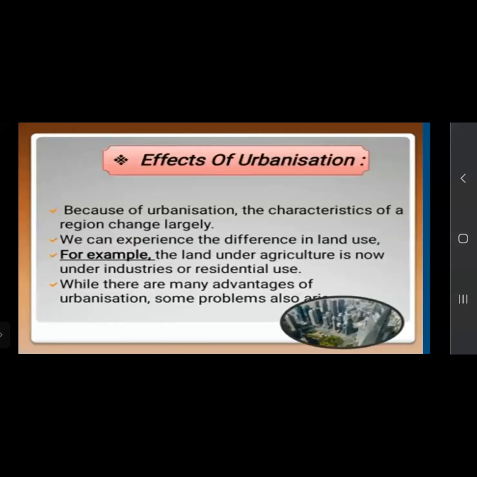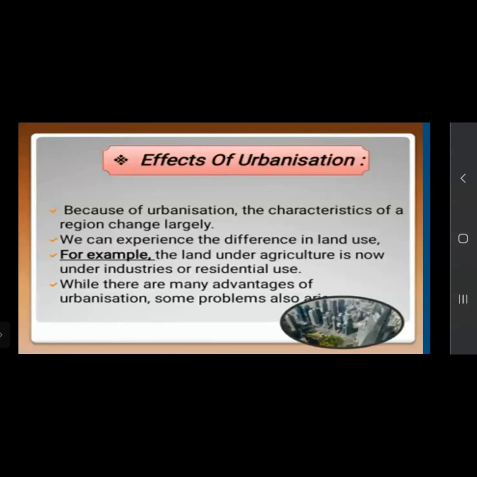Slowly people start residing, houses are built on that land because the population is growing in that village. Then factories are built, so the use of land is changing. The agricultural land is now used for industries or for residential use by people.